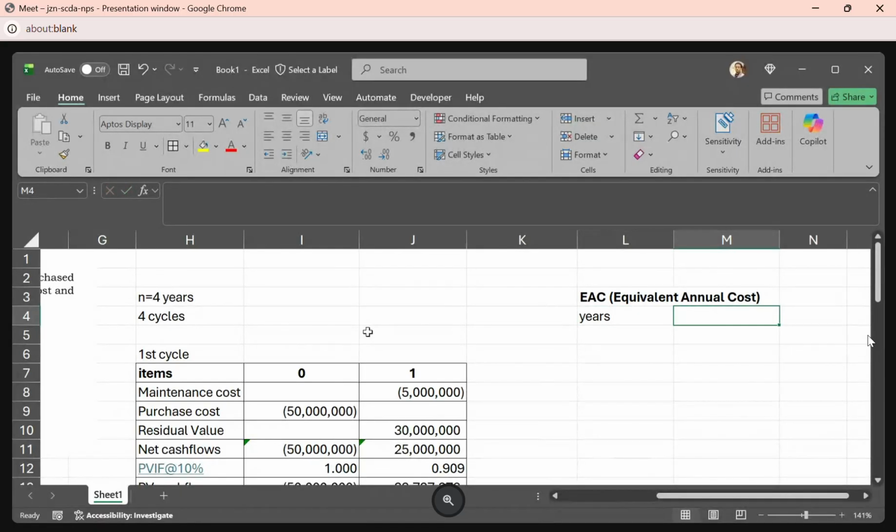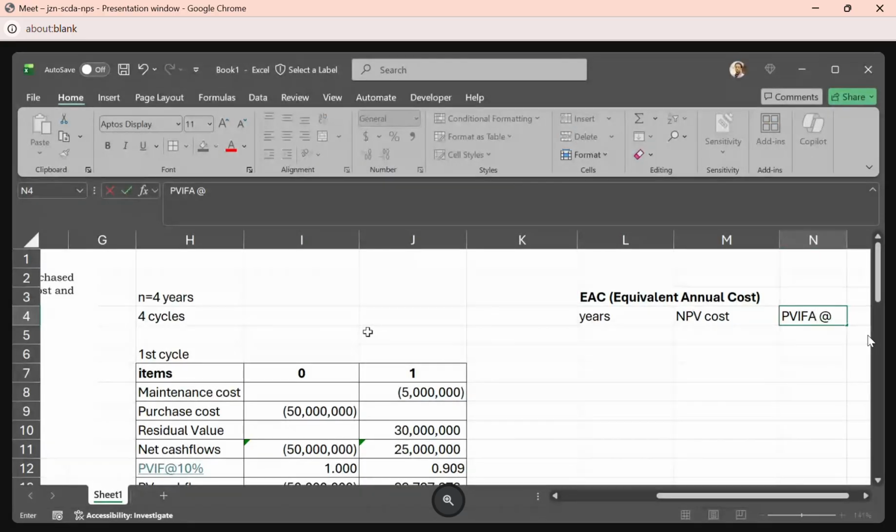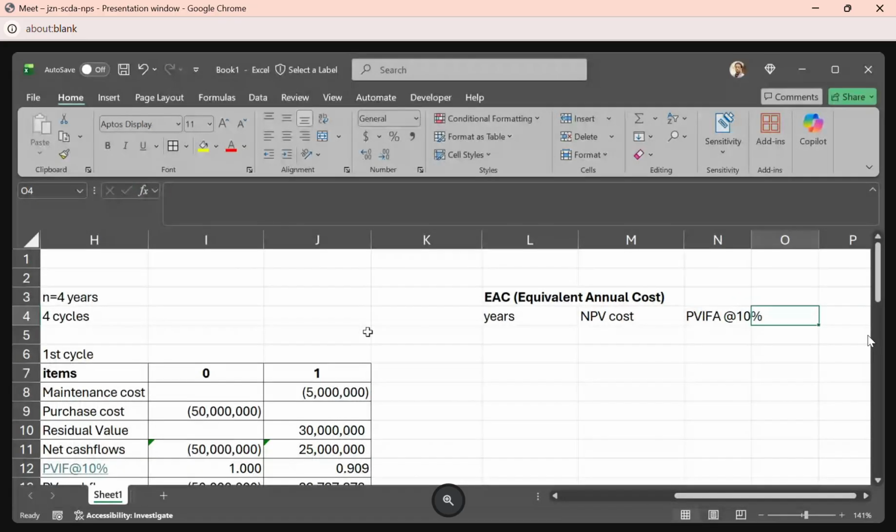Then we can have the NPV of cost, which we determined, and also we'll be putting PVFA. This is the present value factor of an annuity, okay? Remember, 10%. And you have also equivalent annual cost, EAC.